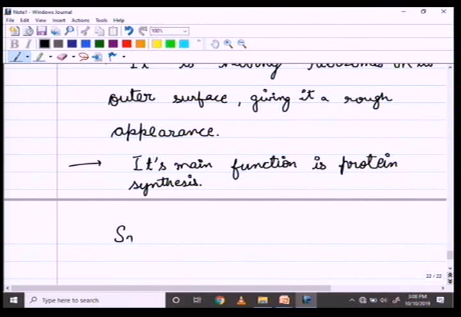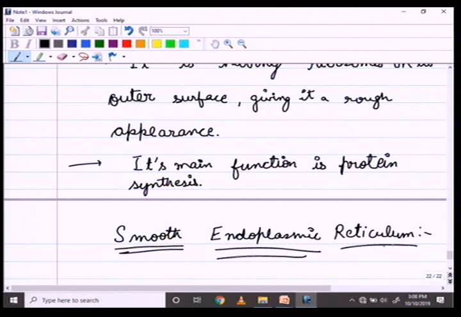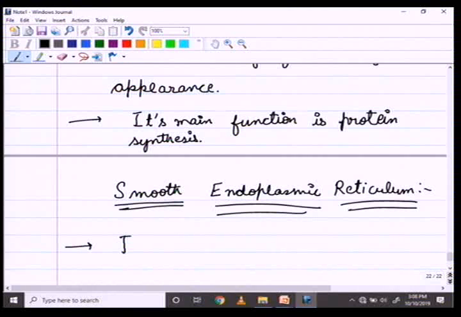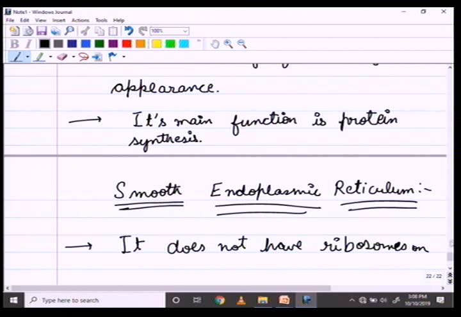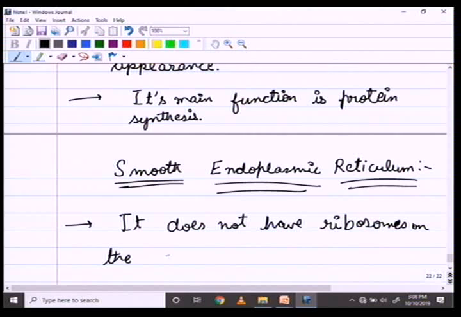Now smooth endoplasmic reticulum. It does not have any ribosomes on its outer surface, giving it a smooth appearance.